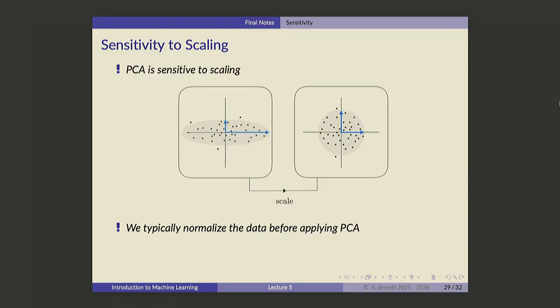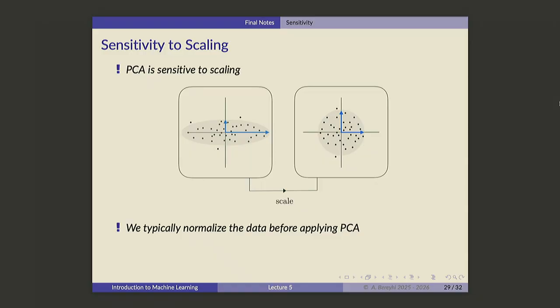Now, if you do not change the y-axis, but you change the x-axis into meters, you might see something like this, because it's going to shrink. And once you change the unit, the eigenvalues proportional to each eigenvector could change, and this means that your principal components could change.